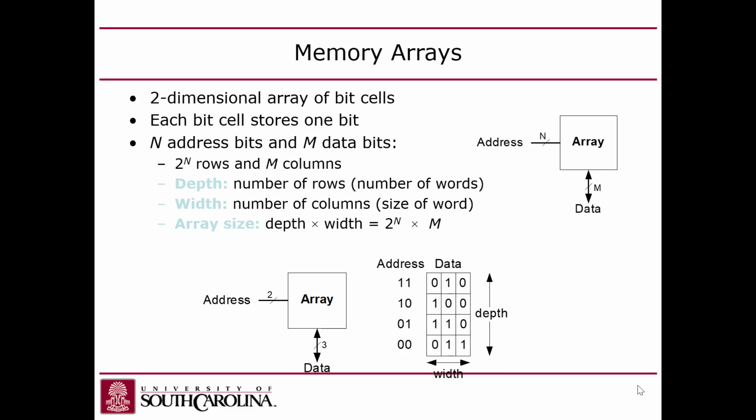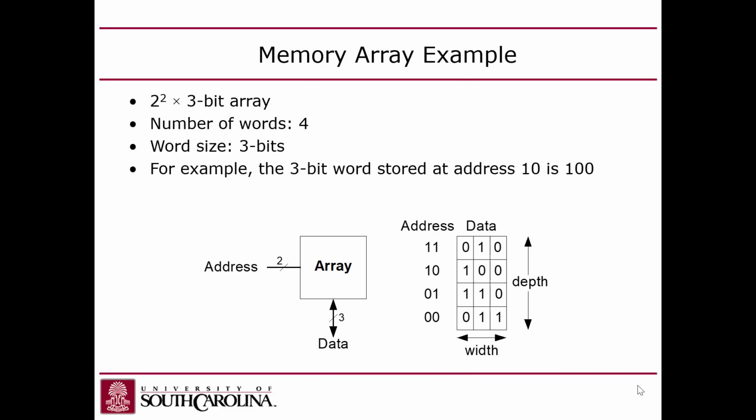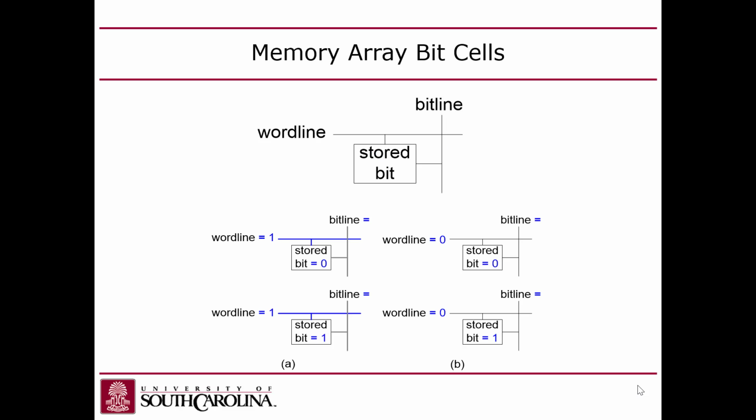This is actually the way memories are physically laid out on a chip. They're laid out as this 2D array of bits. The reason for that is that whether you have a DRAM or an SRAM, it doesn't matter, both of them have this notion of a word line and a bit line.